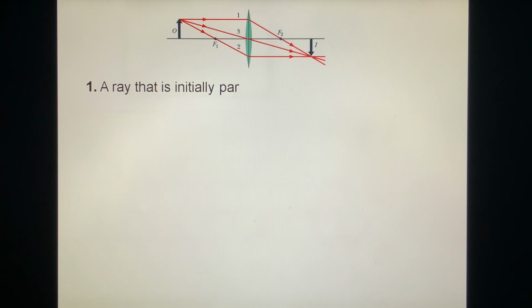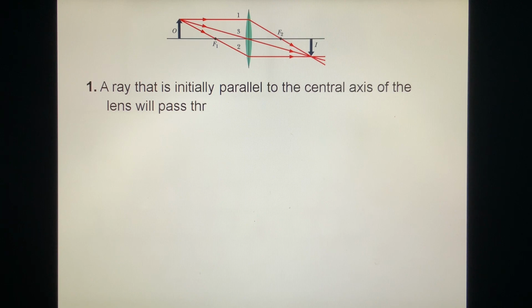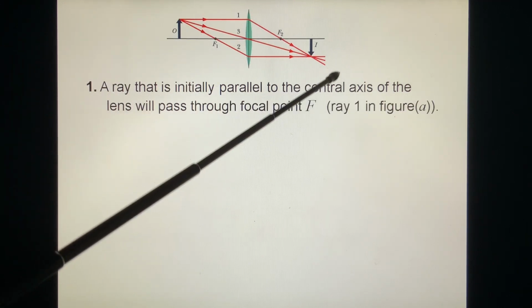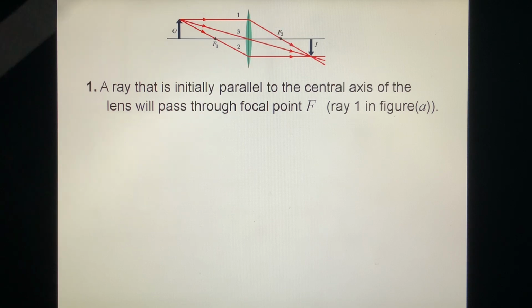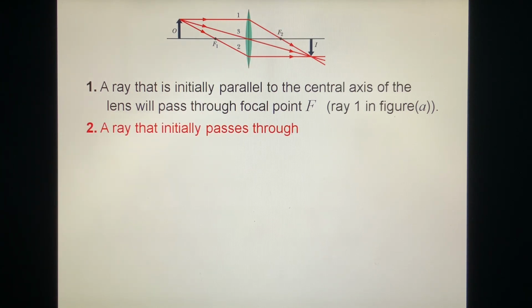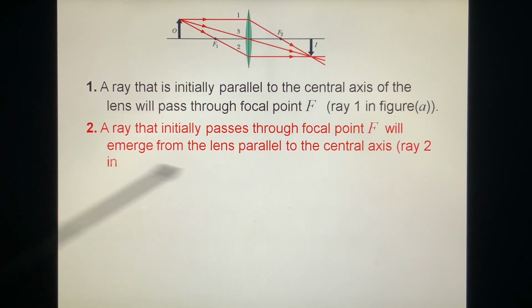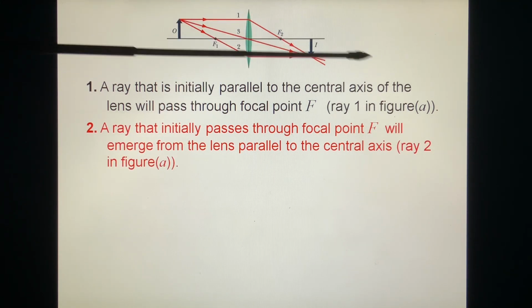A ray that is initially parallel to the central axis of the lens will pass through focal point F. A ray that initially passes through focal point F will emerge from the lens parallel to the central axis.